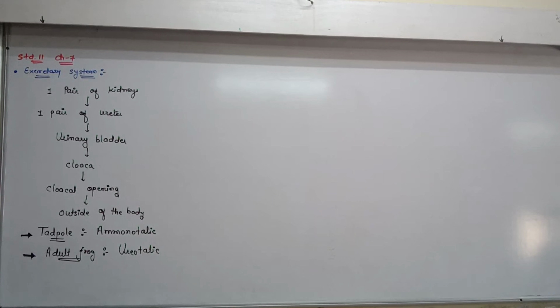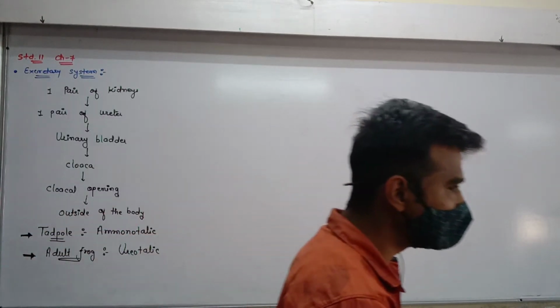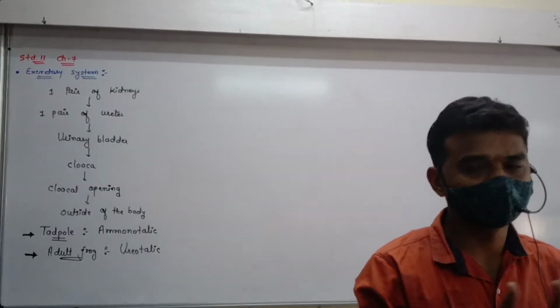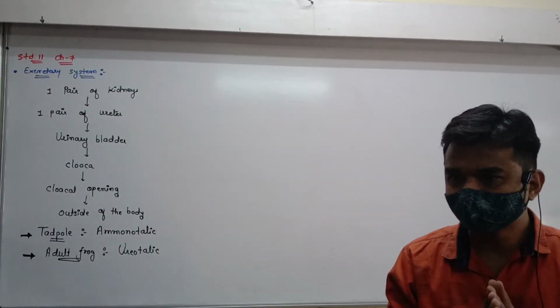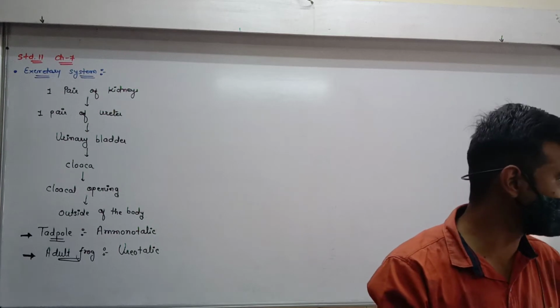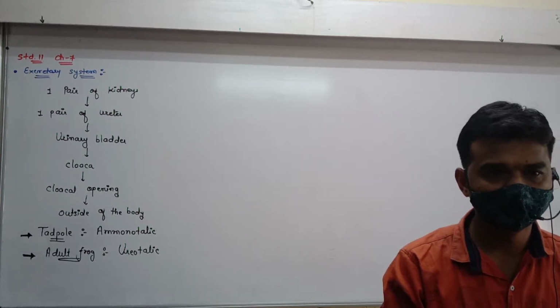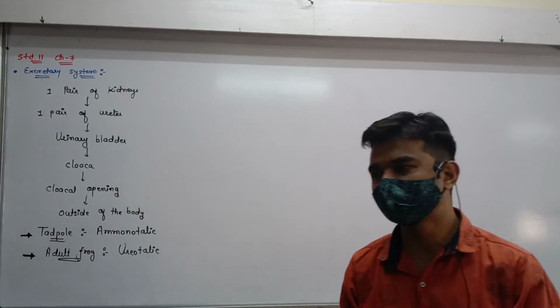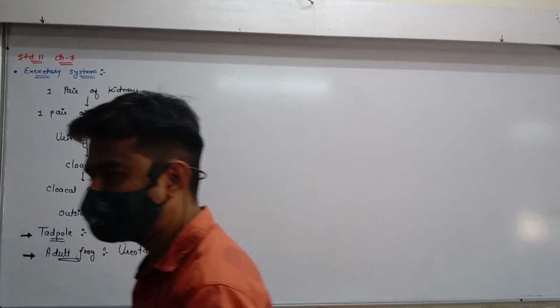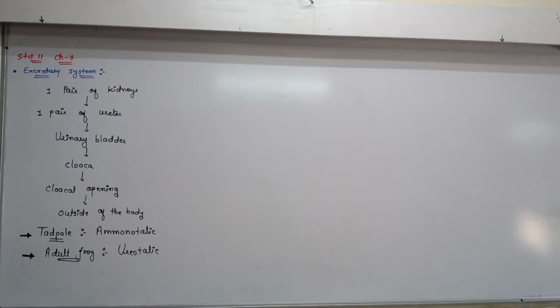So you know that with the help of the high pressure of the blood, blood enters inside the Bowman's capsule. Blood is filtered and nitrogenous waste products come into the Bowman's capsule and then travel to the renal tubule.